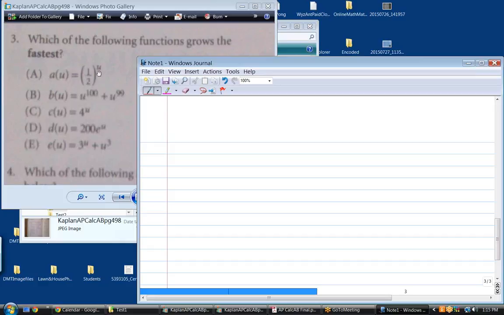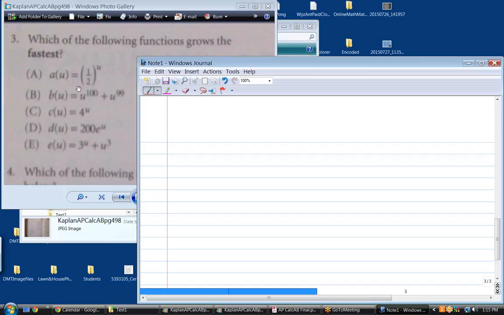Now, what happens to this function as u increases? The denominator becomes larger. Right, which means the whole thing becomes smaller. So not only does this not grow the fastest, it doesn't even grow. Right. It gets smaller as u increases.